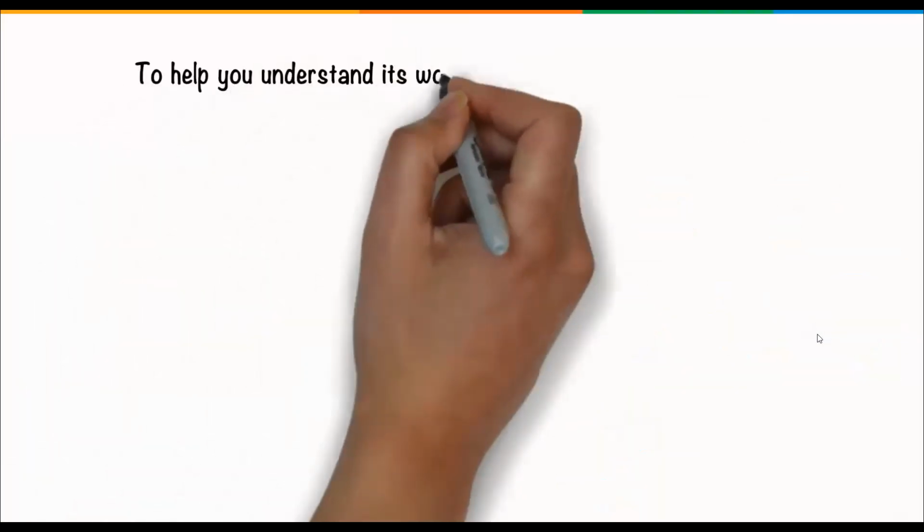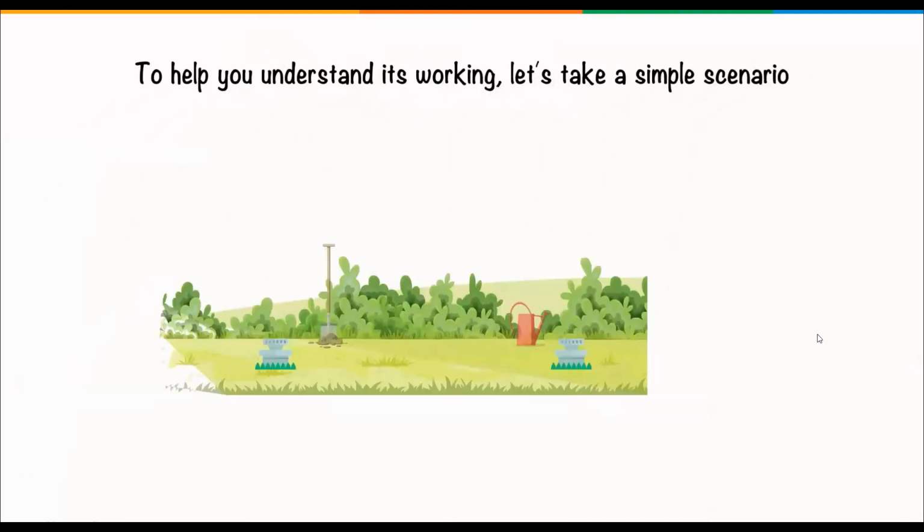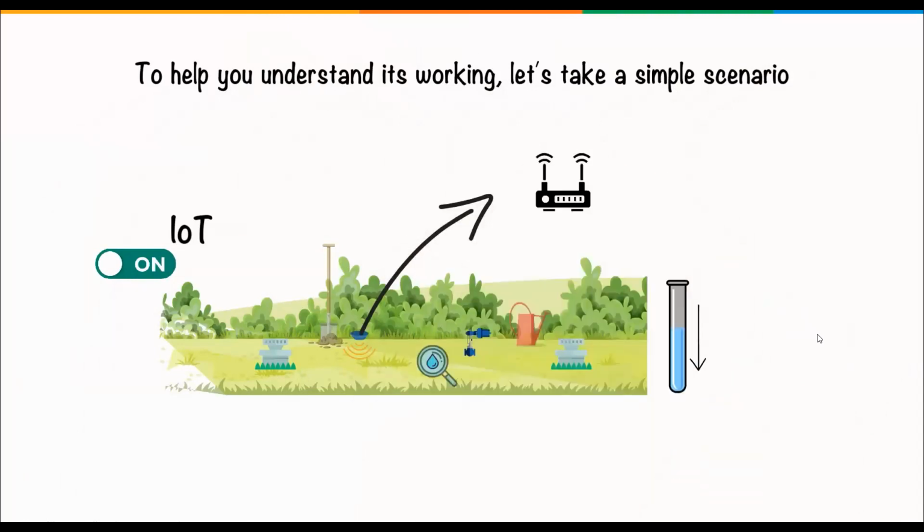To help you understand its working, let's take a simple scenario. Let's suppose you want to water your garden every time the moisture level in the soil drops. Instead of doing it manually, you could automate it using IoT. The sensors and actuators installed gauge the soil for its moisture. This information is sent to the IoT gateway with the help of communication protocols like MQTT or HTTP.